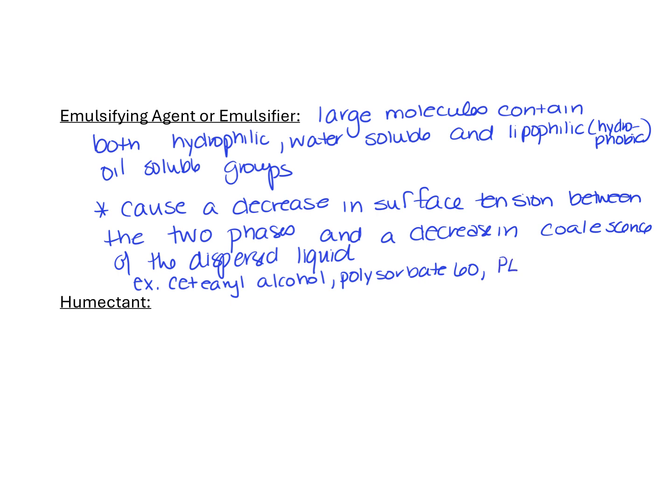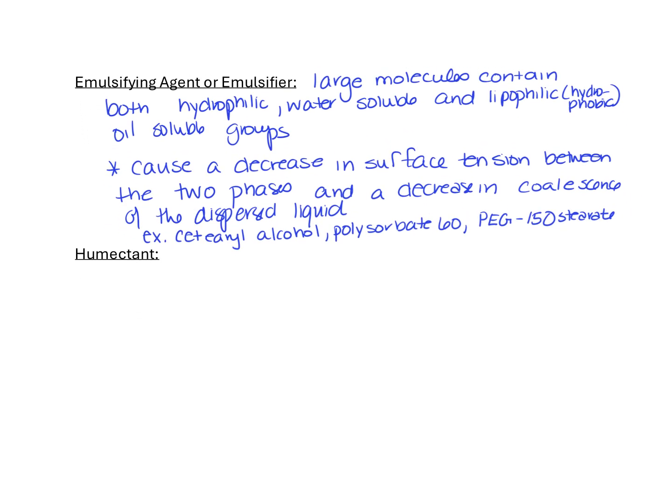If you see any PEGs, that's polyethylene glycol, like PEG-150 stearate, right? Or steareth-20. These are all examples of emulsifying agents or emulsifying waxes, basically. And we can just buy those, right? So you can look at these retailers that sell the components to make lotions, and they'll have a whole section of emulsifying agents. And you can look at the ones that you like to use.